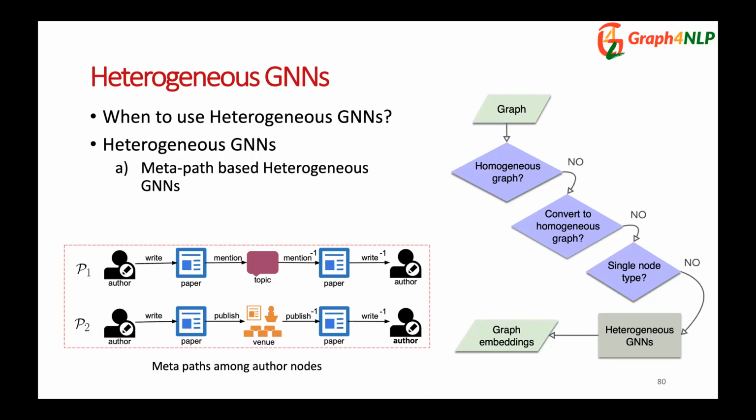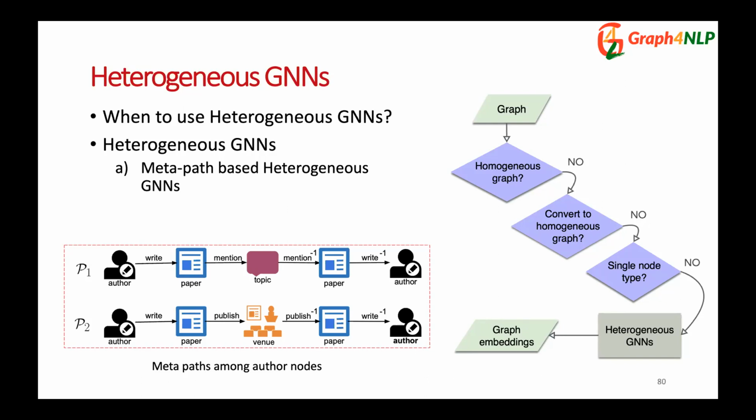But we can also figure out some other metapaths between the author node type. For example, an author can write a paper which is published by a certain venue, and that venue also publishes another paper which is written by another author.